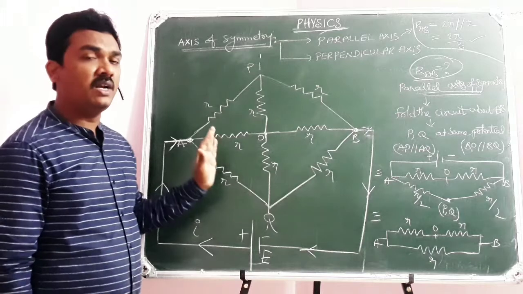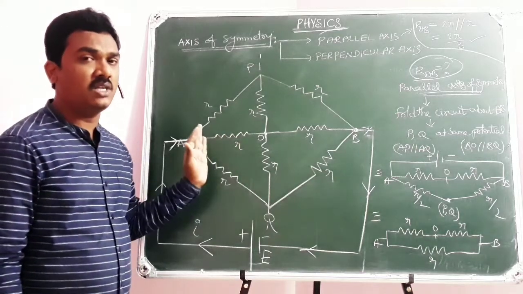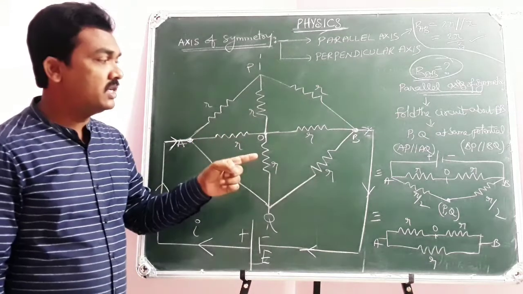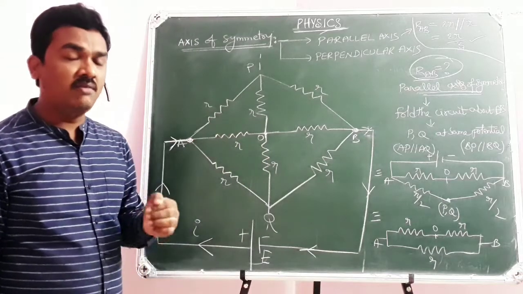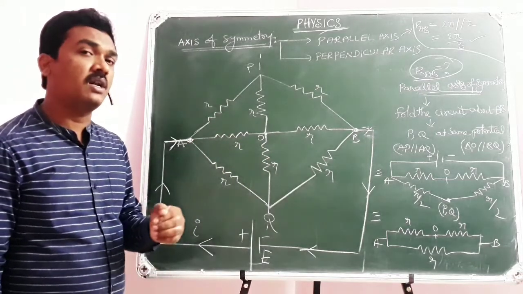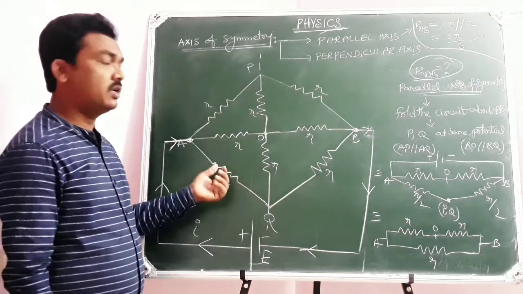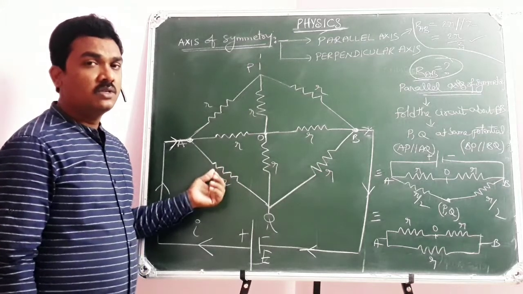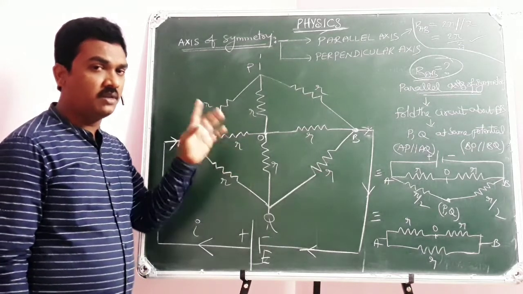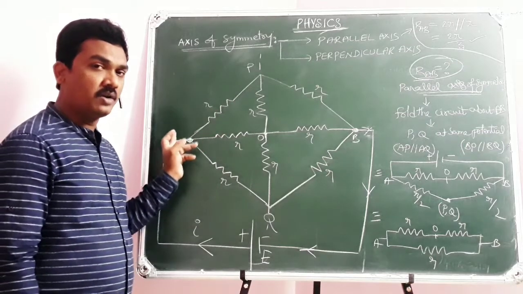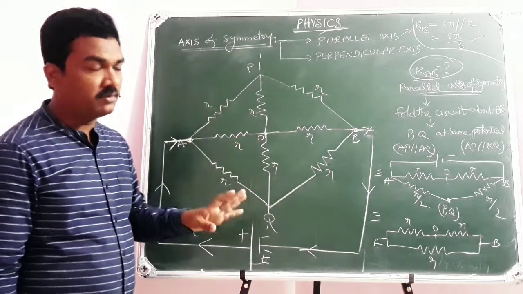My main question is to find the equivalent resistance across AB. I have solved it using the parallel axis of symmetry, which is AB. Now I will solve it using the perpendicular axis of symmetry. So first you note down this: solution according to the parallel axis of symmetry for equivalent resistance across AB. Note.